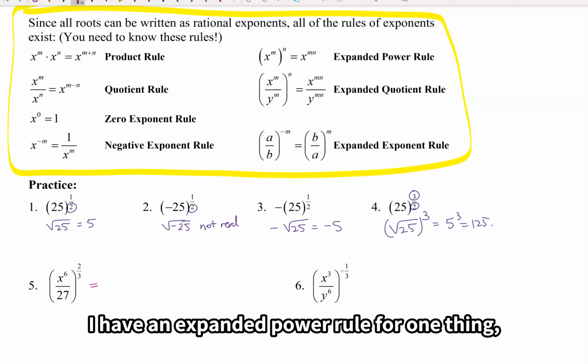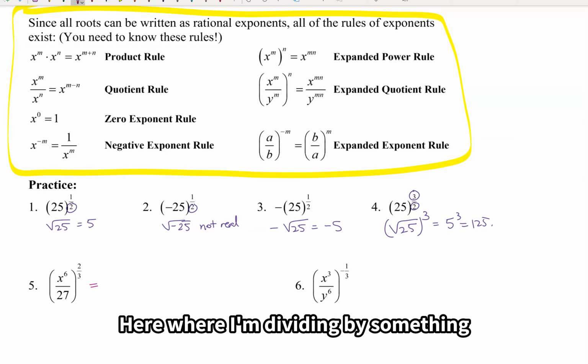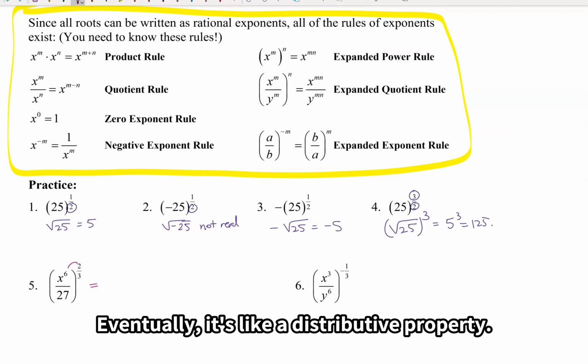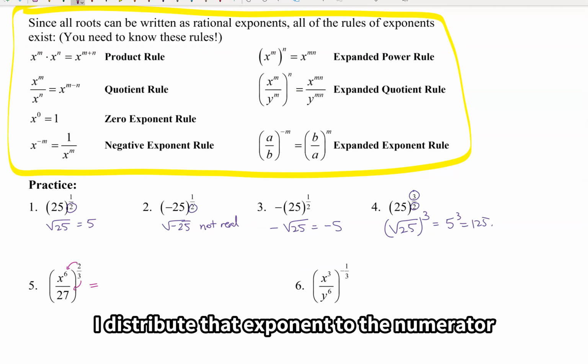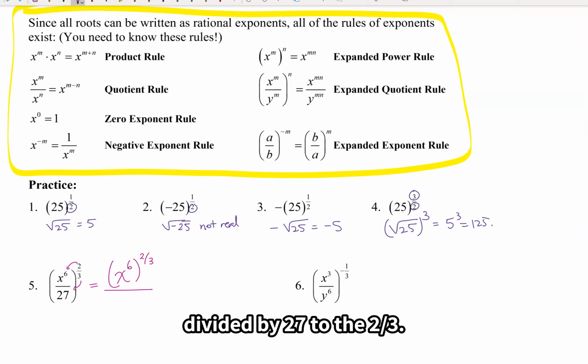I have an expanded power rule for one thing, but I have an expanded quotient rule here where I'm dividing by something and they're both being raised to the same exponent. I want to apply the expanded quotient rule on this. Essentially, it's like a distributive property. I distribute that exponent to the numerator and to the denominator. X to the 6th to the 2/3 divided by 27 to the 2/3.